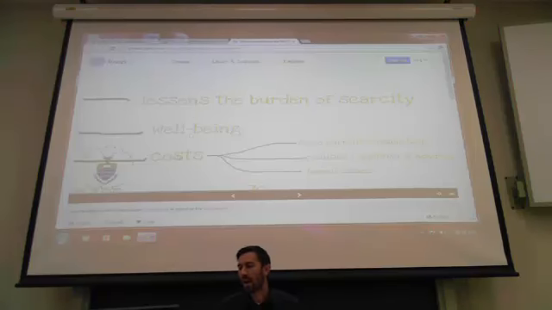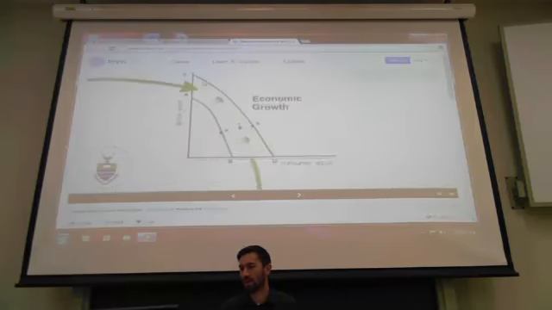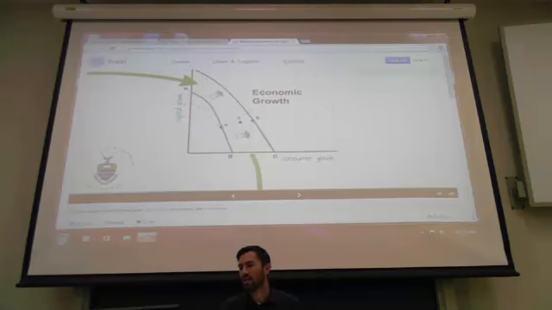There's another aspect though. One of the concepts you dealt with in micro was how do you make output grow faster? By putting more into capital goods.